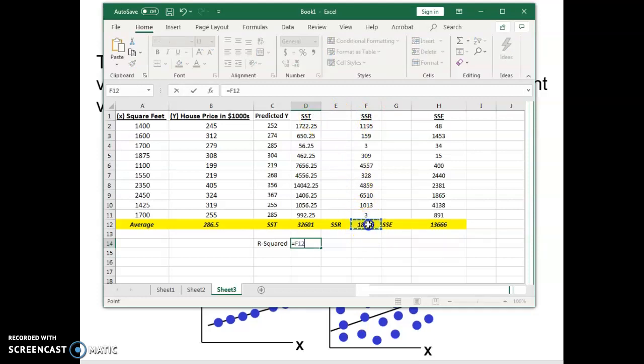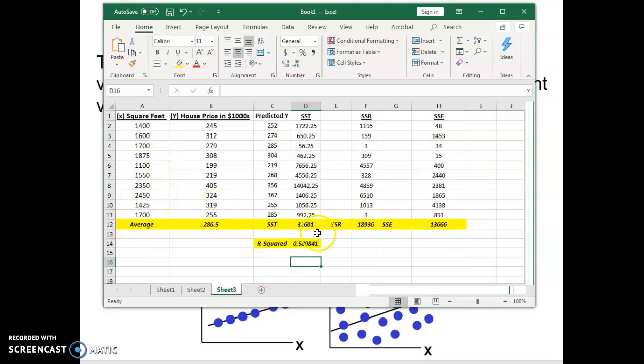Sum of squared regression, and we divide that by sum of squared total, and you get 0.580841, which effectively means that 58% of the variation in housing prices is explained by the variation in square feet.